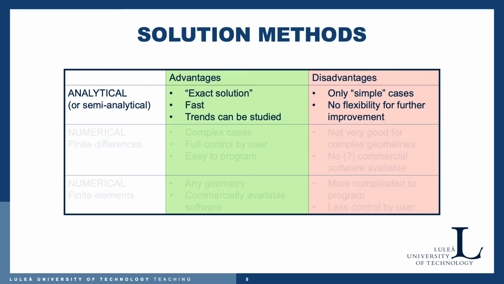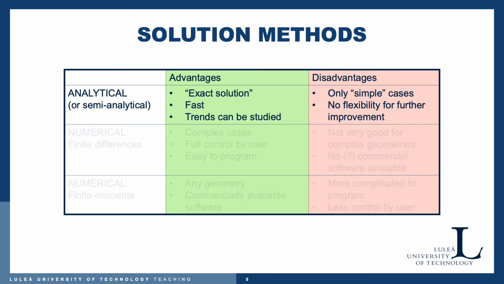Let's start by having an overview of some different solution methods. Here we have the advantages and the disadvantages of the analytical solution, or semi-analytical solution if you like. Of course, an advantage is that it's exact, so it's correct.